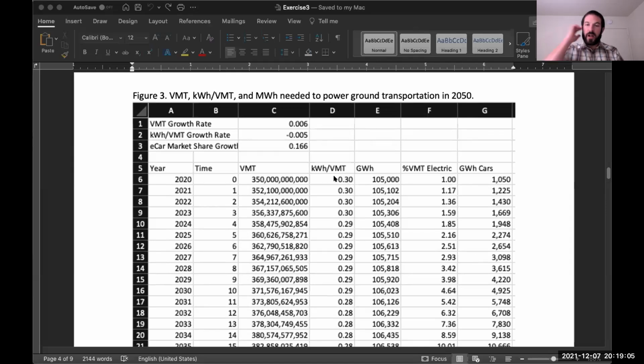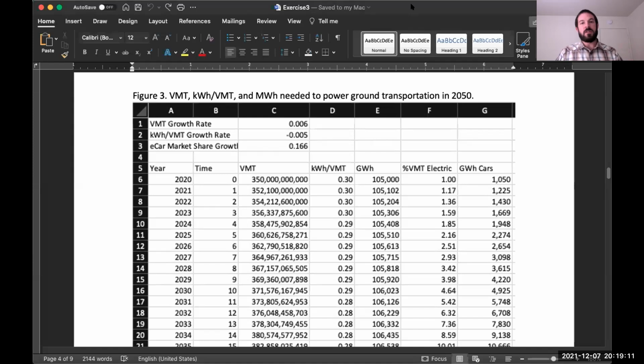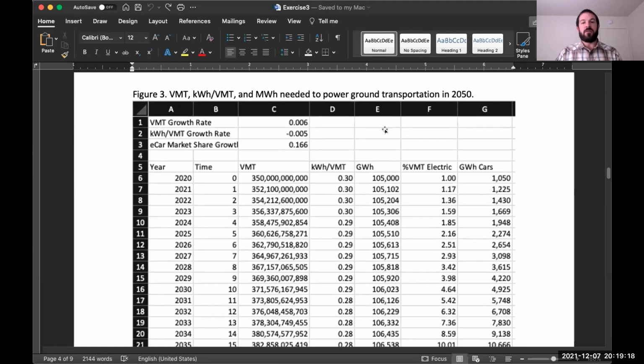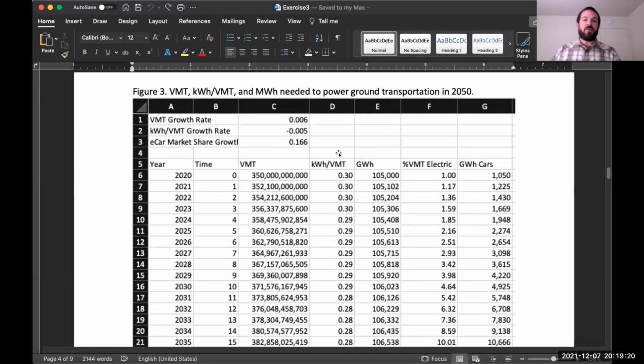Similar here for kilowatt hours per vehicle mile traveled. That's an approximate value for today's batteries and today's electric cars. There are some assumptions here about improvements in the efficiency of these batteries, so the kilowatt hours per vehicle mile traveled goes down. We're using less energy over time to cover the same ground.